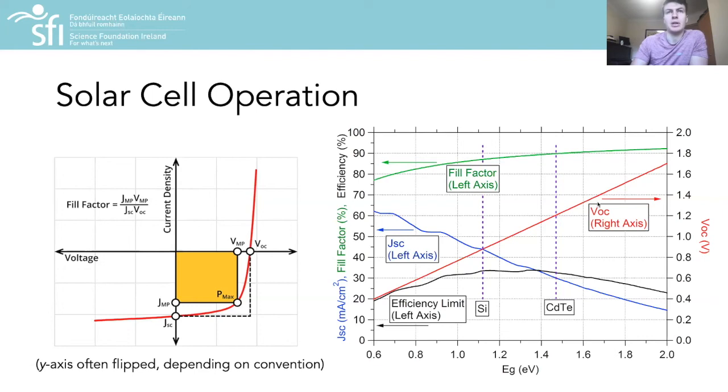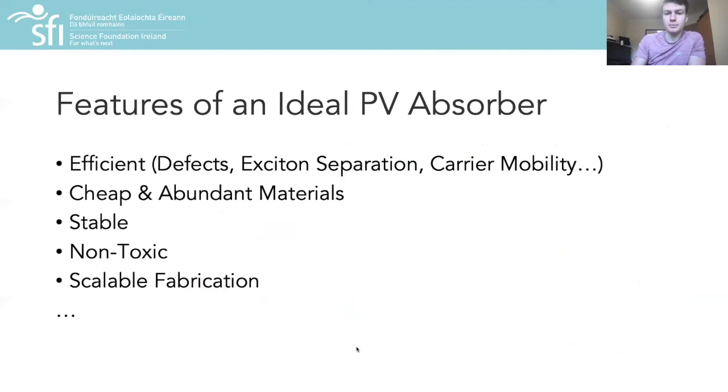It's just that each electron hole pair that we do generate is now at a higher energy and higher voltage than if it was a lower energy gap. And then the fill factor slightly increases as the band gap energy increases, because the reduction in area due to the roundedness of our JV curve becomes less significant as the voltage increases.